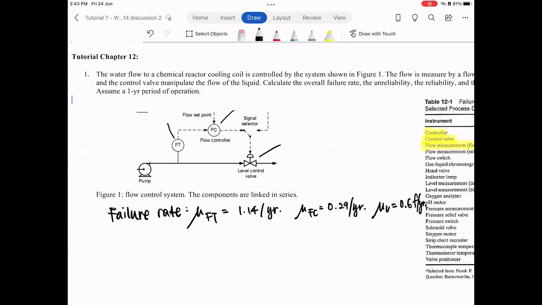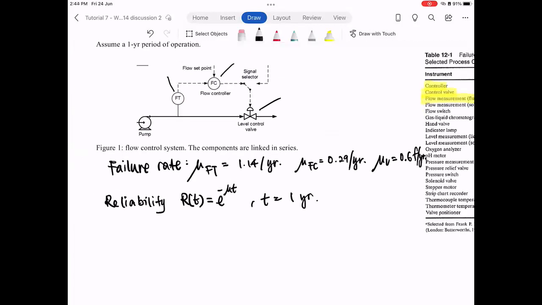If you have read or watched my video, you know that the reliability of each of the items, the reliability rate per time, is R(t) equals e to the power of negative mu times t. Our t here is 1 year. So in that case, you can just put in this value for the flow meter: e to the power of negative 1.14.